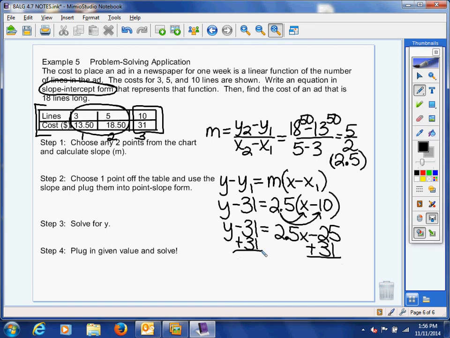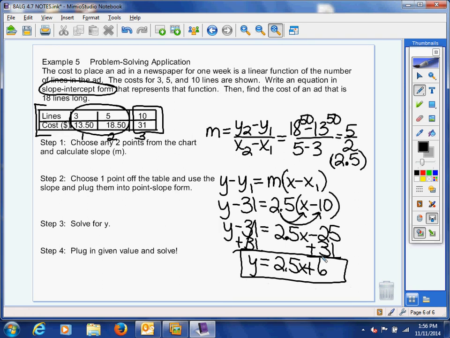Looks great. So here we are, y equals 2.5x plus, looks like 6. That looks wonderful. You're doing a great job. Okay, so there we did, one of our aims was to write an equation in slope-intercept form. So this is one of our answers right here.